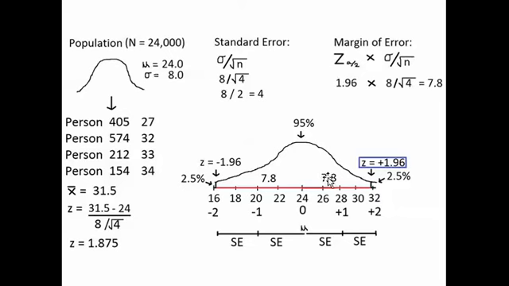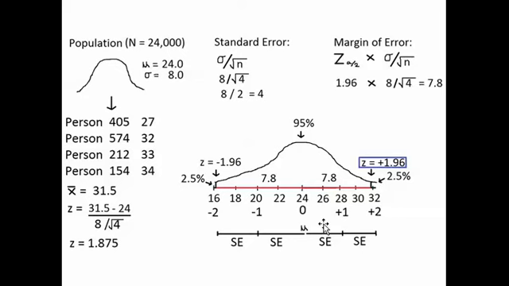This margin of error is telling me that if I repeated the study over and over again with the same sample size each time, 95% of the time, I would expect my error to be no more than 7.8. In other words, I would expect my error to be more than 7.8 only 5% of the time. I would expect my sample mean to be more than 7.8 off target only 5% of the time.